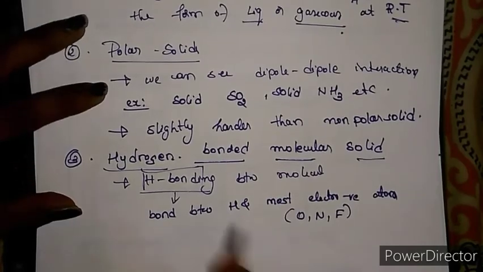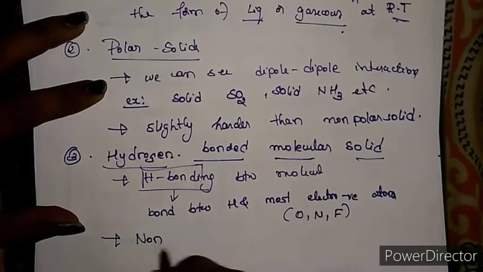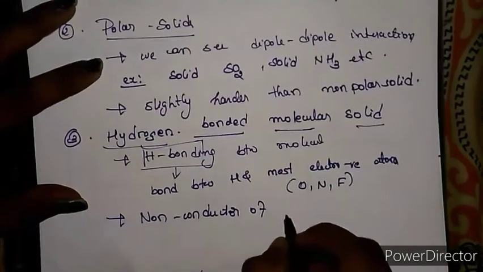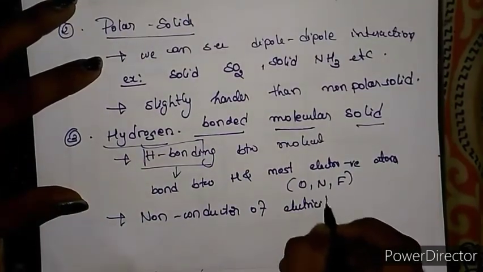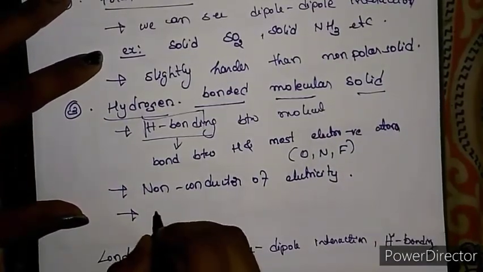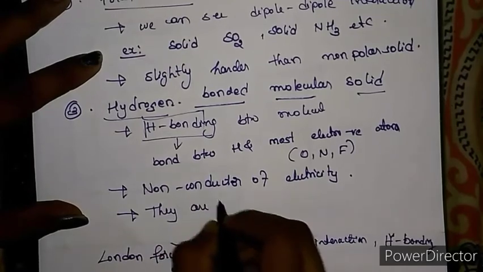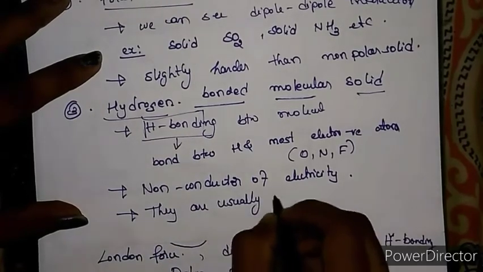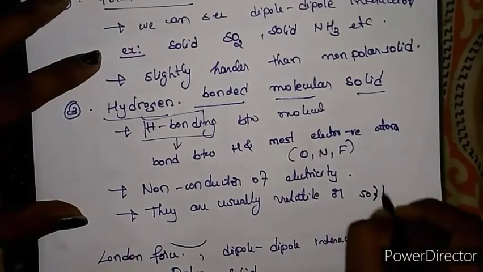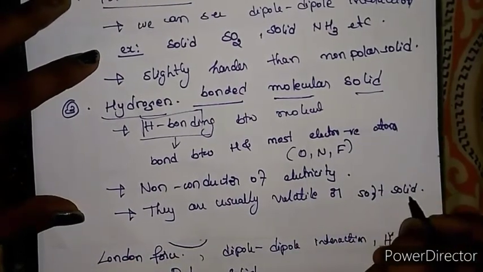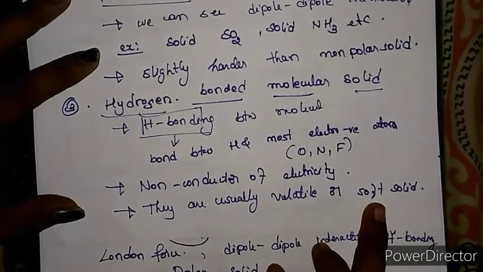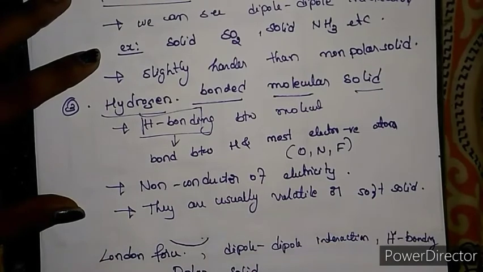These are non-conductors of electricity, and they are usually volatile or soft solids.